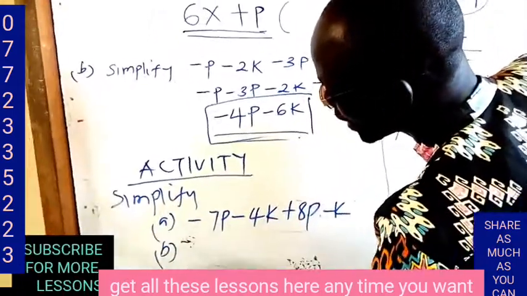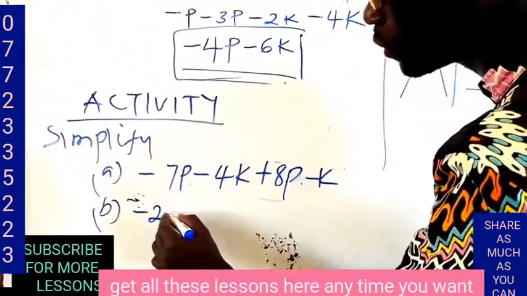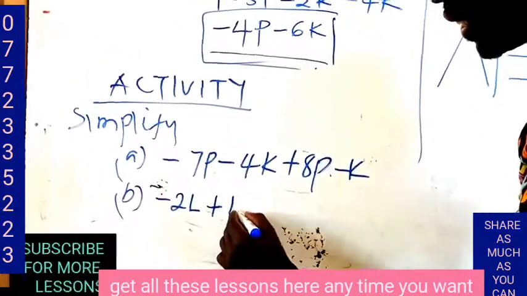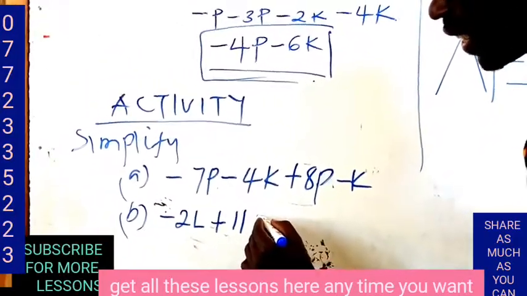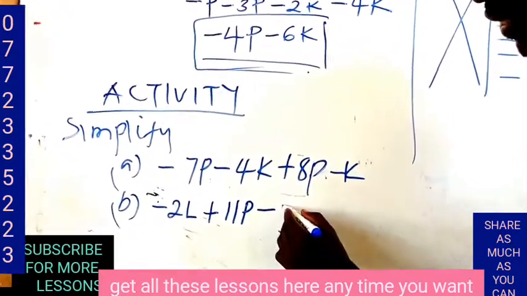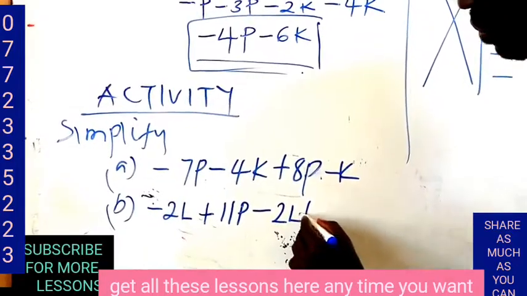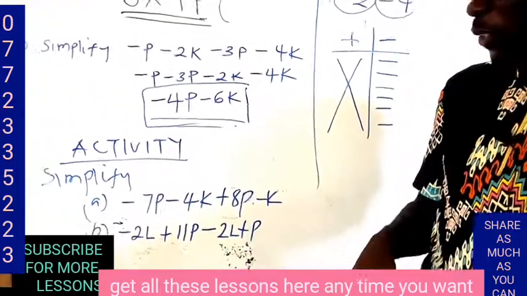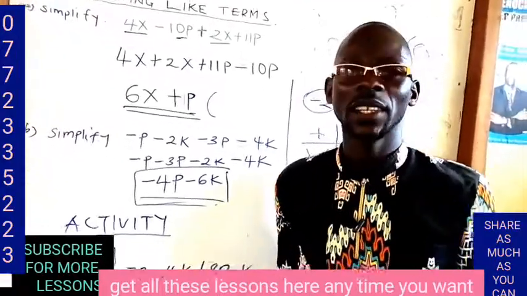Then b is negative 2l plus 11p minus 2l plus p. So we have only 2 questions there. Make sure that you do them very well and compare answers.